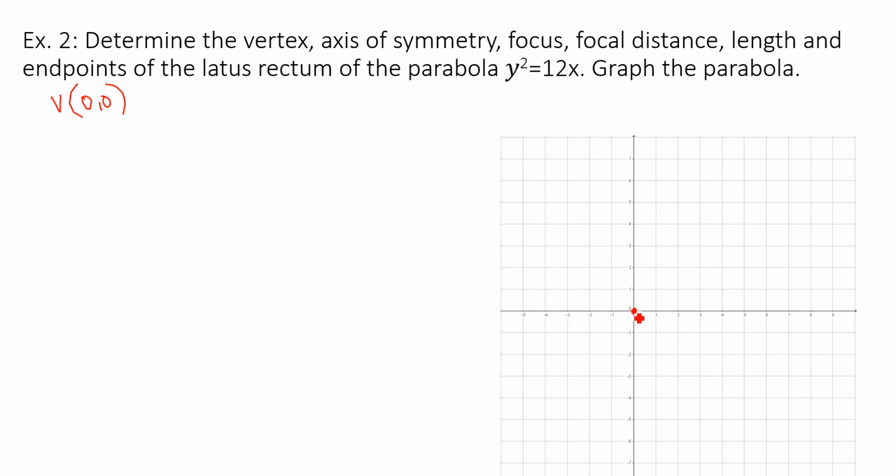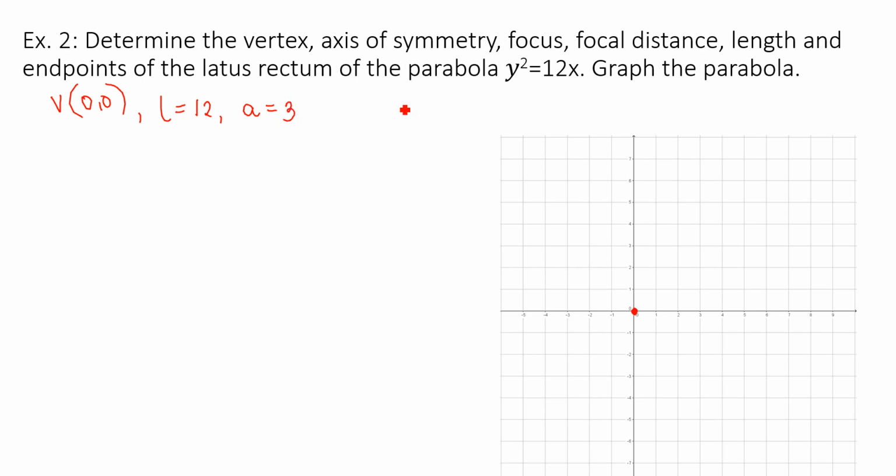And since it's y squared, then it opens to the right. And then we have 12. So in other words, the length of the latus rectum, let's say L, is equal to 12. Therefore, the length of the segment joining the vertex and the focus is 12 divided by 4, which is equal to 3.